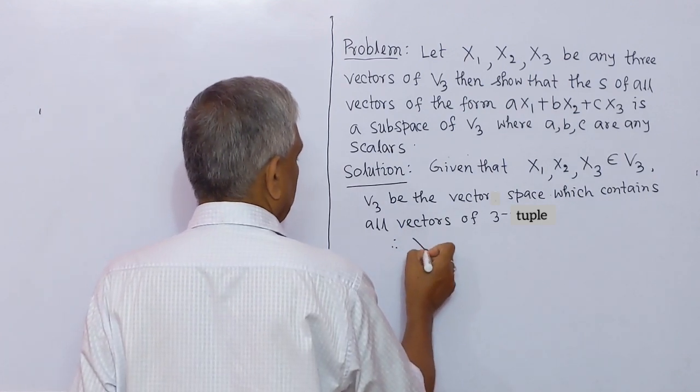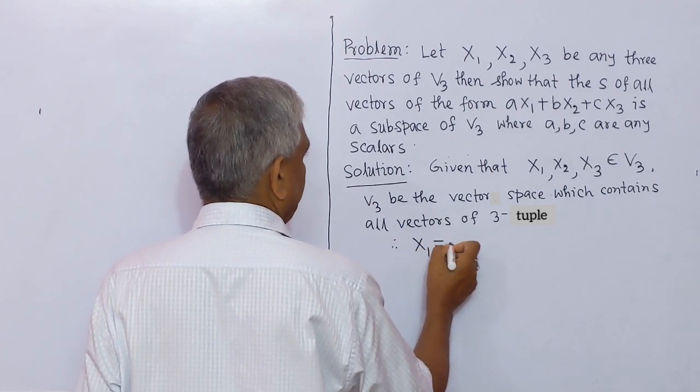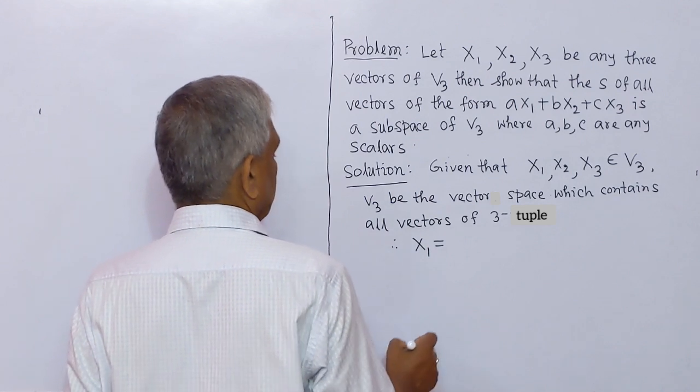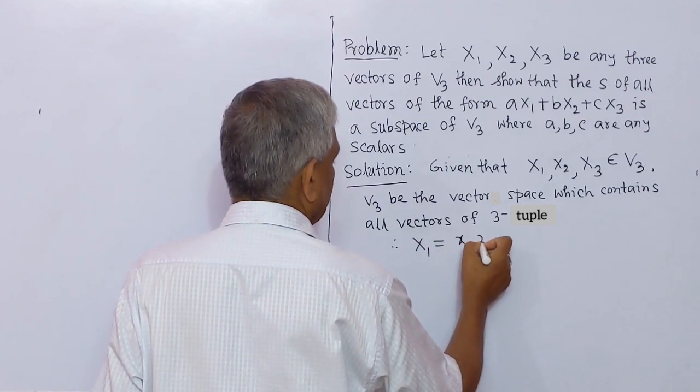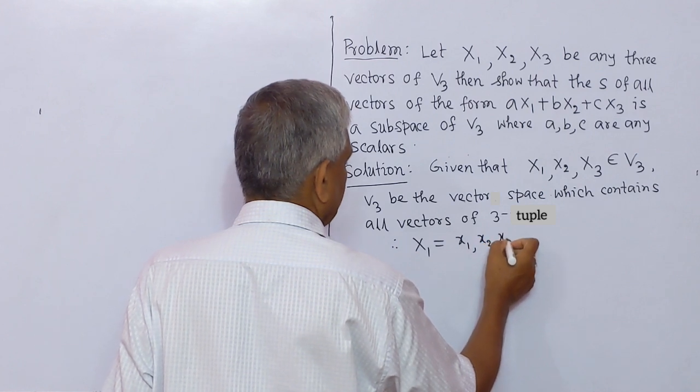Therefore, capital X1 will be of the form small x1, small x2, small x3.